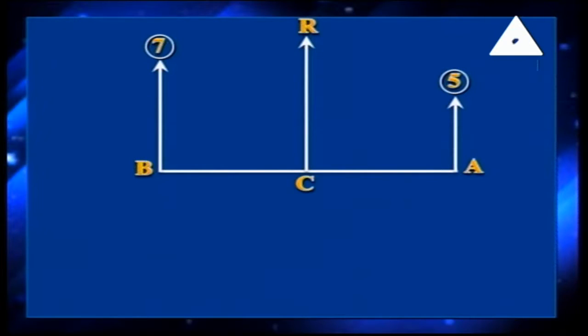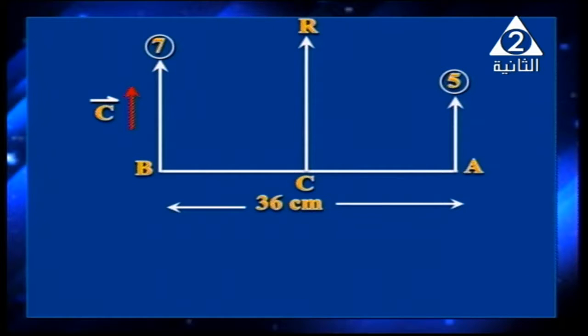What is R? Look, C is the unit vector in the direction of the two forces, and the direction of the resultant is with the direction of the two forces. Why? Because they are in the same direction. The two forces 5 and 7 are in the same direction.